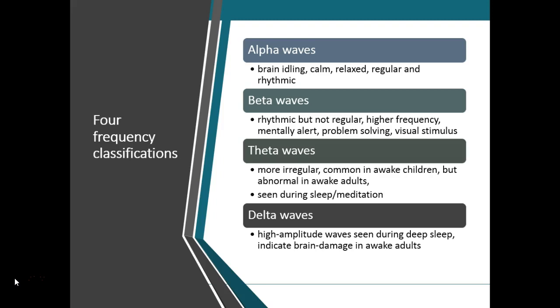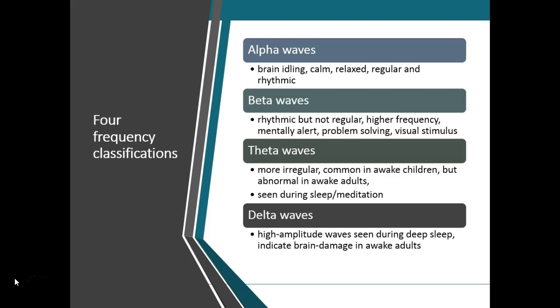Now let's look briefly at those 4 classifications of waves that are the typical brain waves that we see in an EEG. Alpha waves are present in the EEGs of nearly all normal individuals when they're awake or resting with their eyes closed. These waves disappear when we're sleeping. Beta waves appear when the nervous system is active, so when sensory input is coming in and we have mental activity.